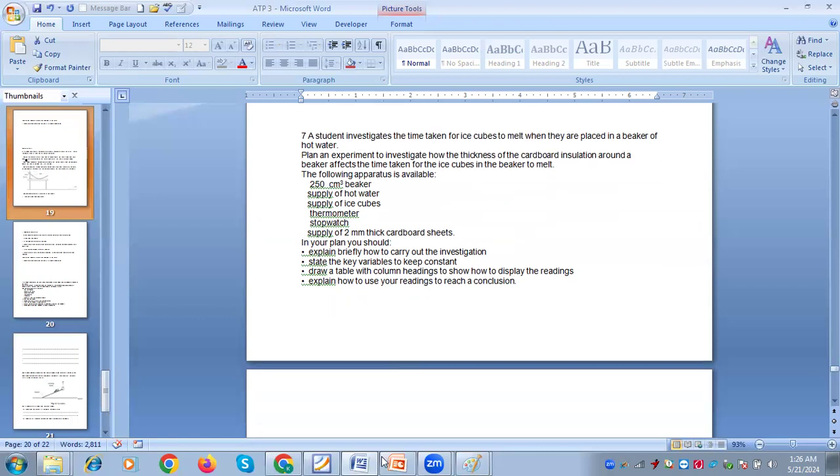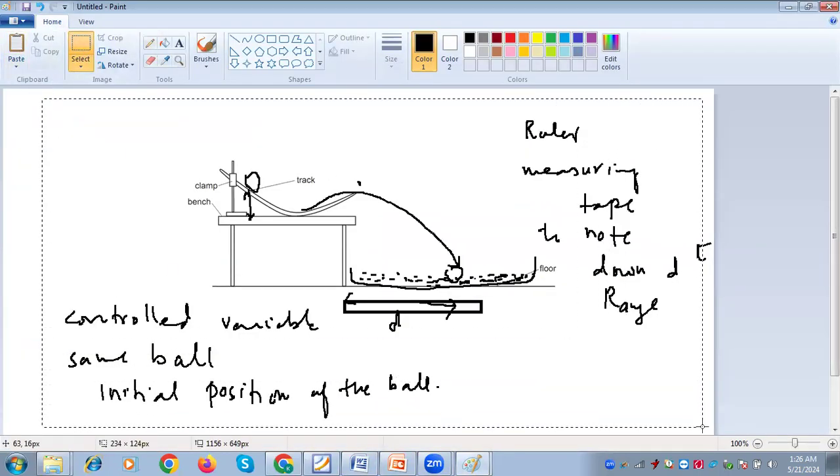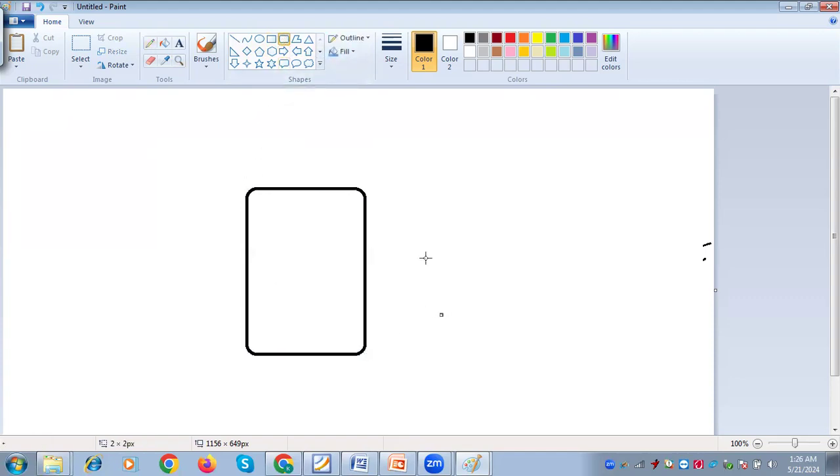Okay, so what should be kept constant here? Every time when you take the ice cubes, you should have same temperature of same quantity of hot water. Suppose this is the beaker, okay, and this contains hot water.